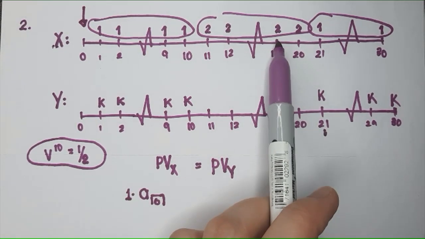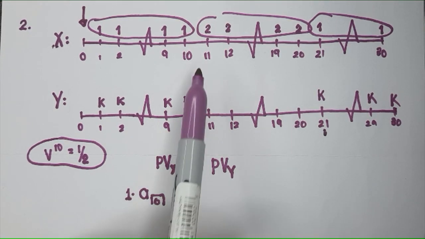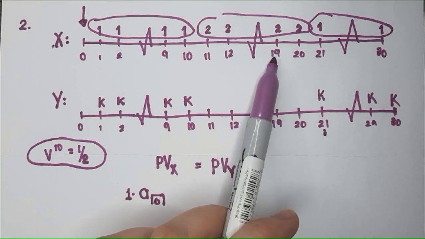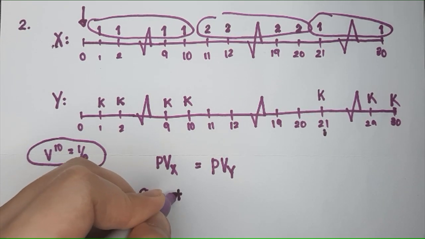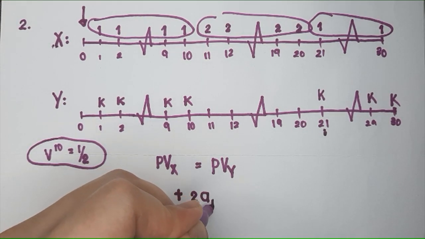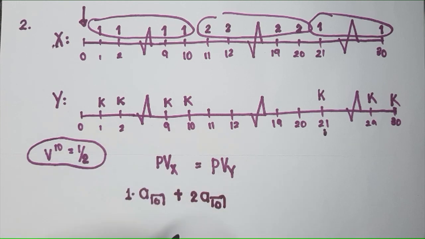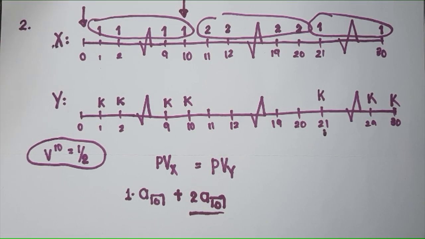Now, if we move to the second group, it's still an annuity immediate because payments are made at the end of each period. Now, I write plus, because it's another set of payments. So, I write 2 a angle 10, because there are 10 payments of 2 units. This value is at t equals 10 only.